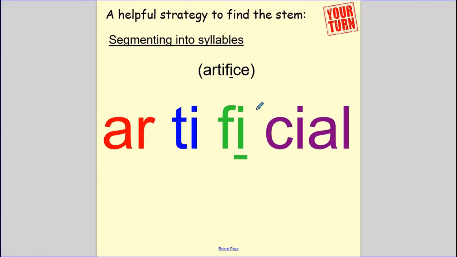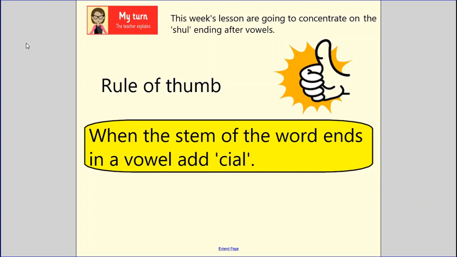You can see that the last sound, the last letter before the cial is a vowel. So that's how we know that we need a C-I-A-L ending. Okay, so let's do that again. Artificial. Okay, so that ends in a vowel, so we need C-I-A-L. So your rule of thumb then, to help you remember, is that when the stem of the word ends in a vowel, add C-I-A-L.